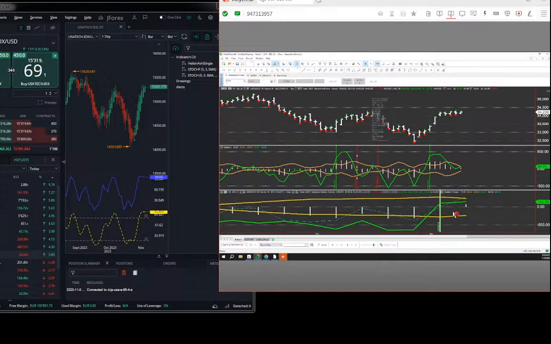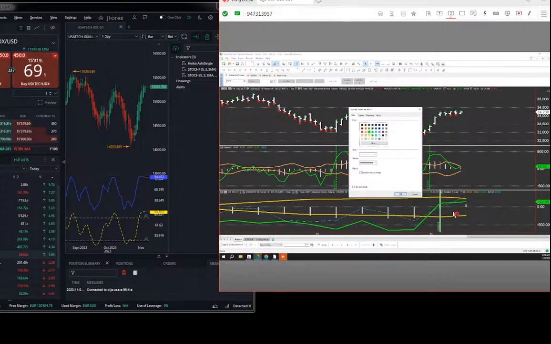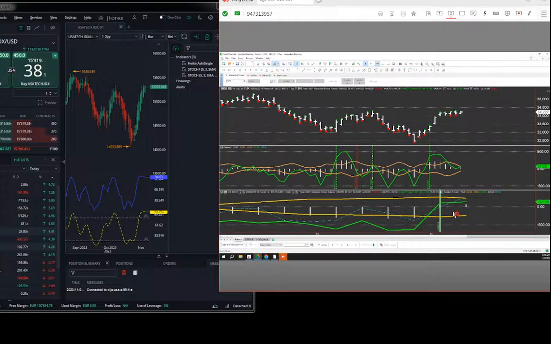Oh, we went into a buy there, so we have to basically put another one of those things in. We go like this. And so that's what we got right there.